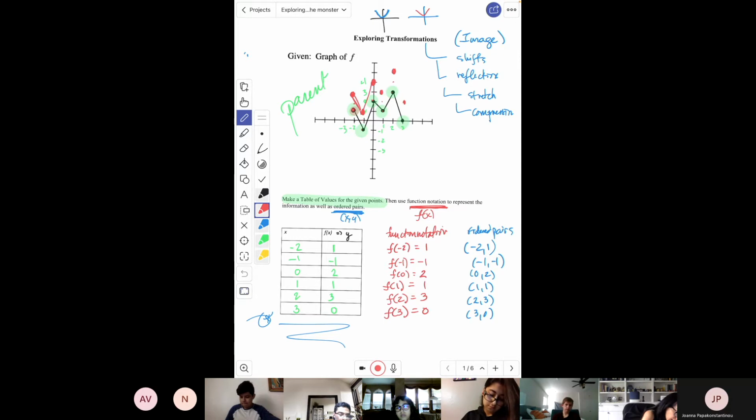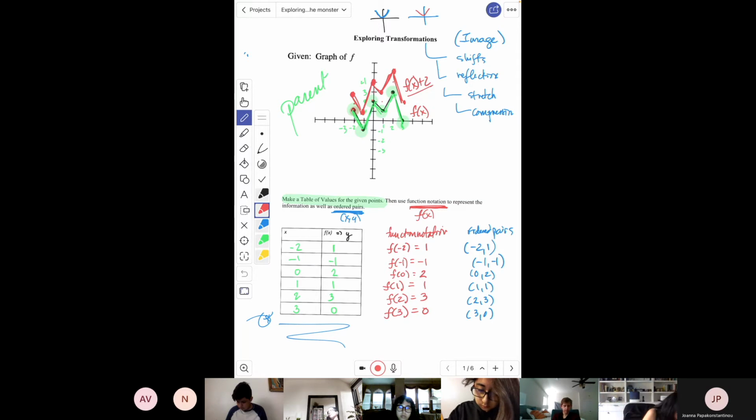If you can recognize transformations by their graph, if this is f of x, and then this is f of x plus 2, you should be able to recognize it without having to do any calculations. If I give you this graph and say this original one was f of x, and I want you to graph this, all you have to do is take those points and move them up 2.